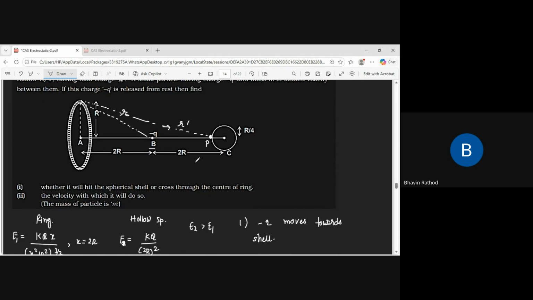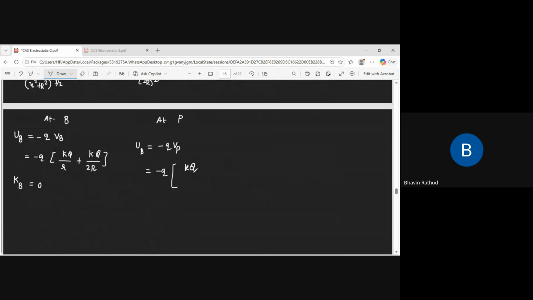That also we can find out. So KQ by R dash plus KQ by R. All right, and KB will be some value, right?